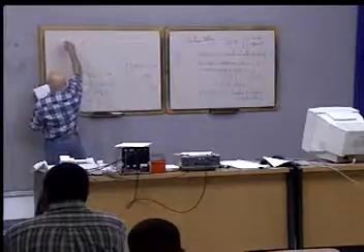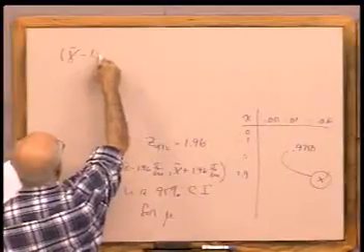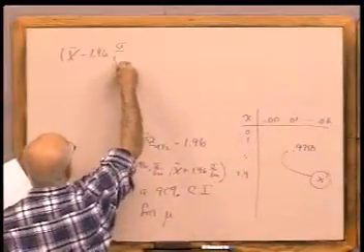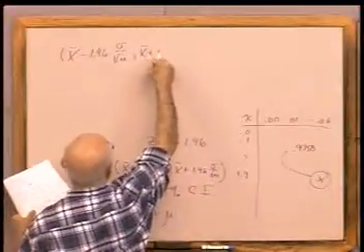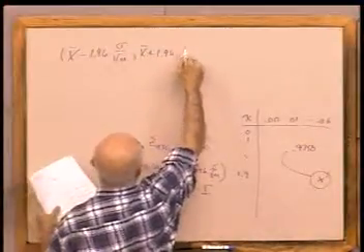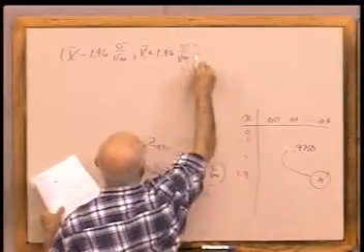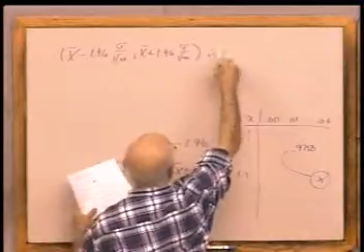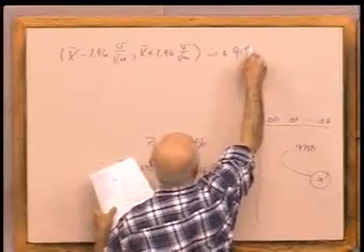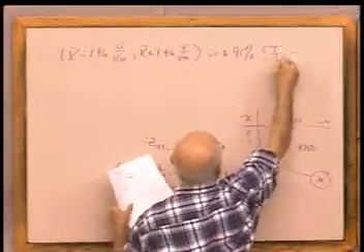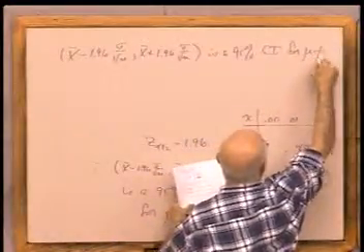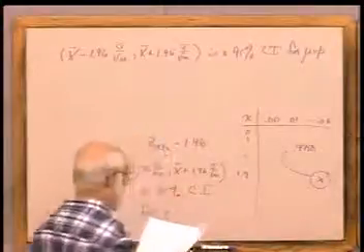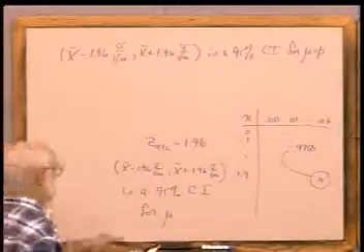Okay, so x bar minus 1.96 sigma divided by the square root of n, this is an interval, and x bar plus 1.96 sigma over the square root of n. That is a 95% confidence interval for mu, which is the same thing as p, which is the fraction of people in the population who are going to support Bush.